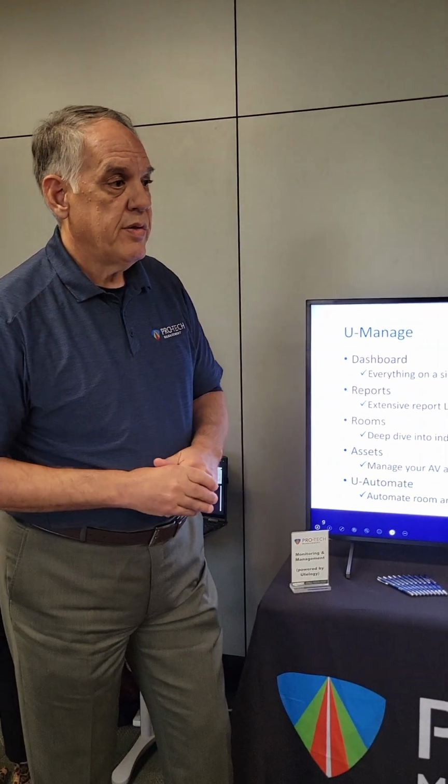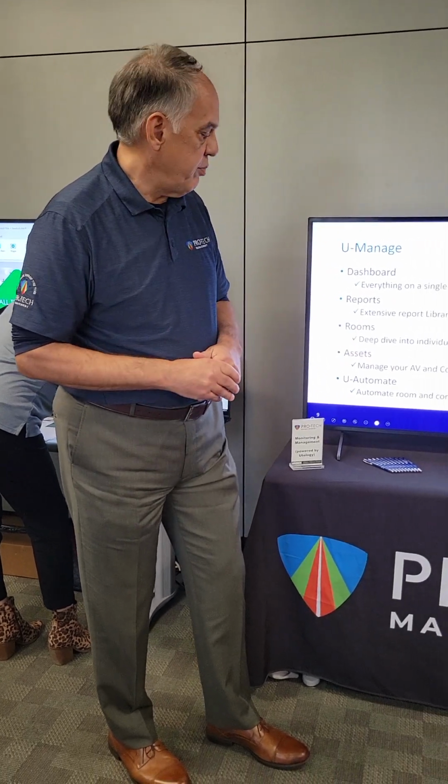What we find in the AV industry is often that customers don't even know what they have within their conference rooms. Now we have it all in one place at the touch of a button.